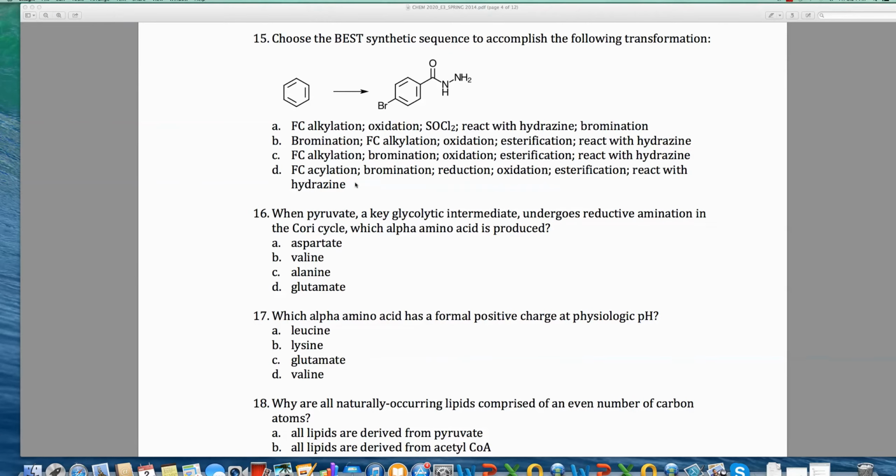So if we go back, we see we have an alkylation, a bromination, an oxidation, and an esterification, then reaction with hydrazine. That actually works quite well. Acylation would not give us a para-substituted product. Bromination would not give us an alkyl group. If I do alkylation and oxidation, it becomes a meta-director.